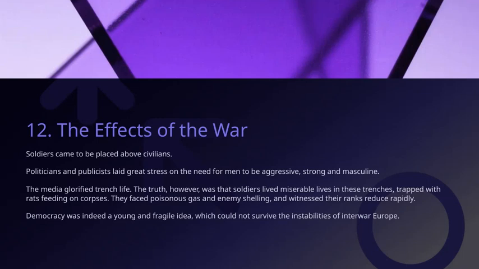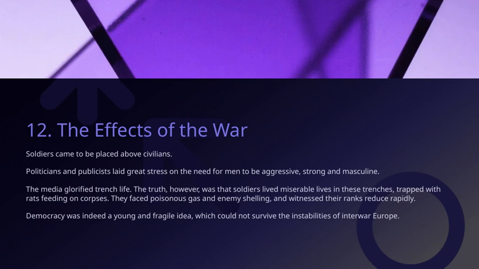On this slide, we see how the war impacted society and perceptions. Soldiers were often elevated above civilians, symbolizing the heroic ideal that was promoted at the time. Politicians and publicists emphasized the importance of masculinity, stressing strength, aggression, and toughness, to rally support and boost morale.